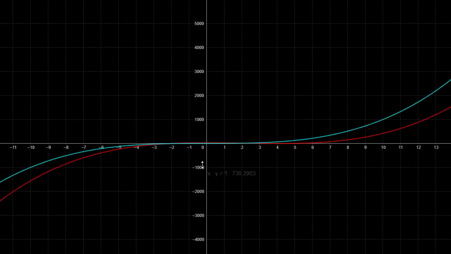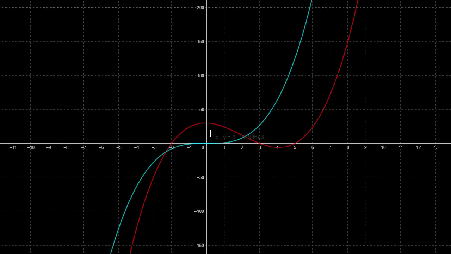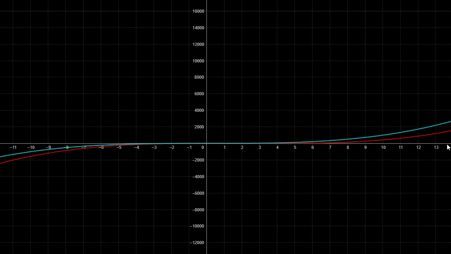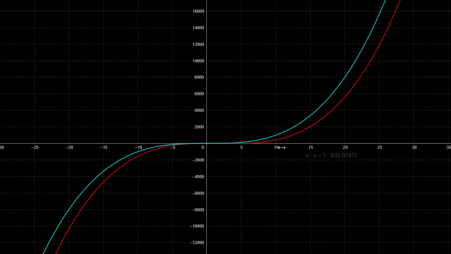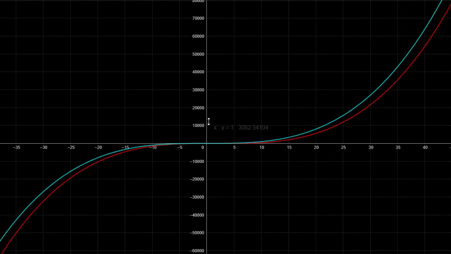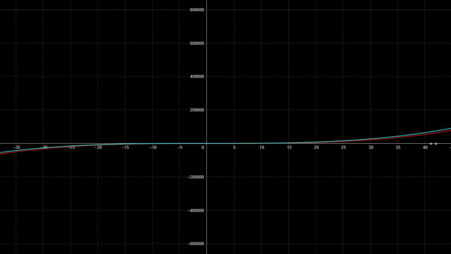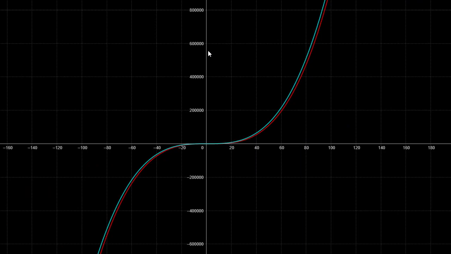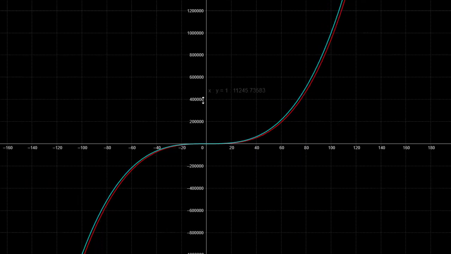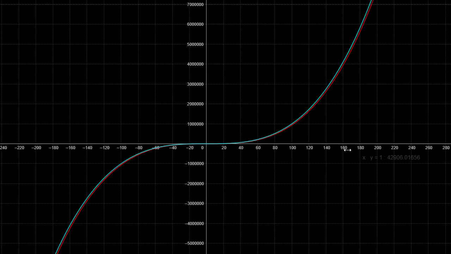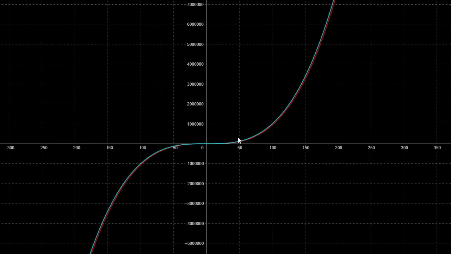But if I start zooming out, eventually what you start to see is the further I zoom out, the closer and closer these two graphs seem to be.